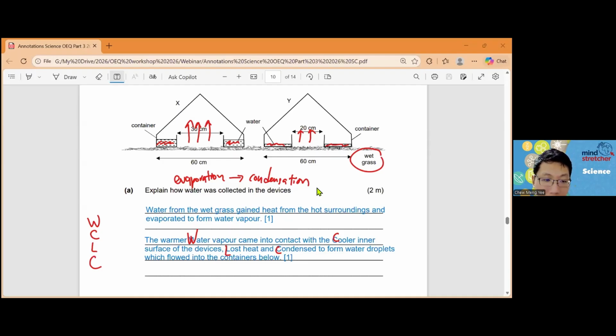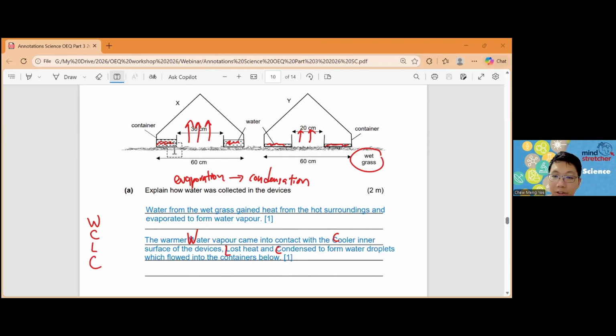Like what one of you mentioned, steam coming out of the kettle. It comes in contact with the cooler surrounding air and then loses heat and condenses to form water droplets, which is what we observe as the mist. So remember, what we see is not the steam, what we see is the tiny water droplets.